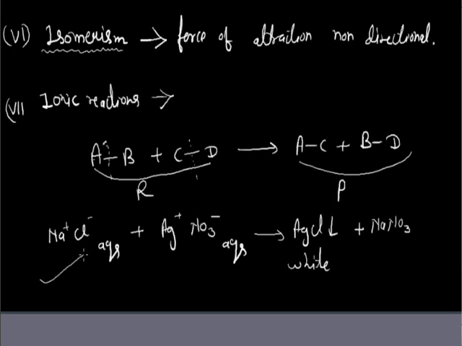It's an ionic reaction and it is complete very fast. Why? Since in an ionic compound there is already a presence of ions. There is no need for the breaking of bonds. So that is why ionic reactions are fast as compared to covalent compounds.